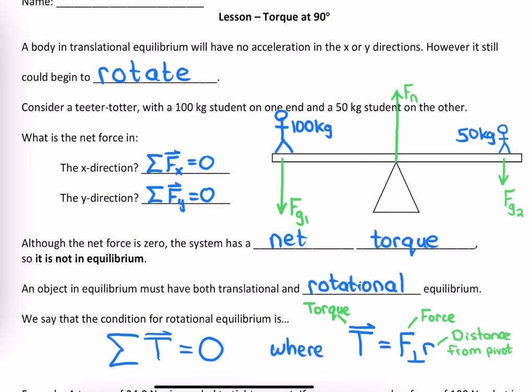And one little adjustment I'll just make here. Although torque is a vector, this formula doesn't really tell us the direction of the vector. This formula is only really useful for finding the magnitude of the torque. I'll tell you in a moment how to find the direction of torque. So the adjustment I'm going to make is I'm going to take off that vector hat. Torque is a vector, but this equation doesn't tell us the full vector.